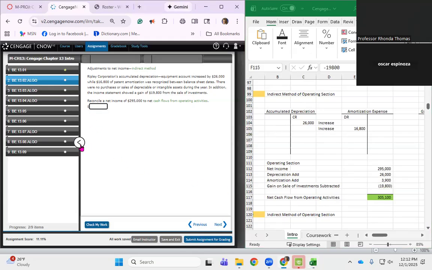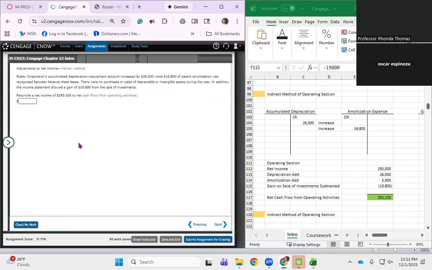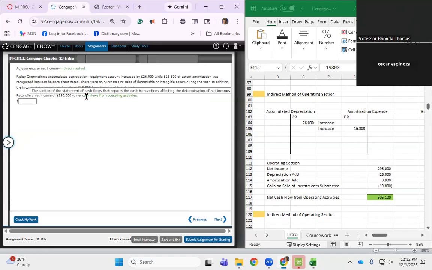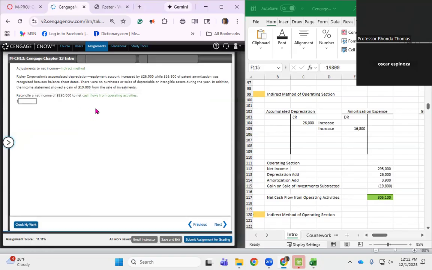So my net income amount that's been adjusted for the cash flows from operating activities, we're going to show as 305,100. So that's a little different than the net income, right?